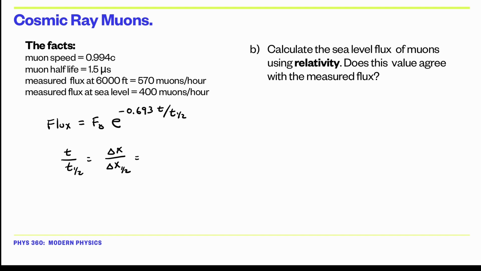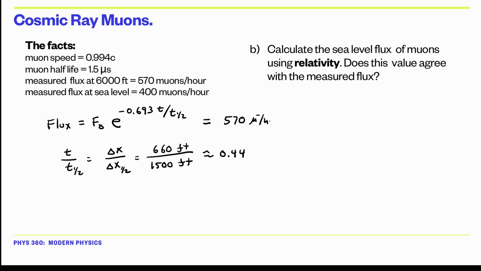So we plug in 660 feet for the distance traveled, and we know from before that muons will travel 1,500 feet after one half-life. Thus T over the half-life is 0.44. We can now plug this into the equation for radioactive decay.